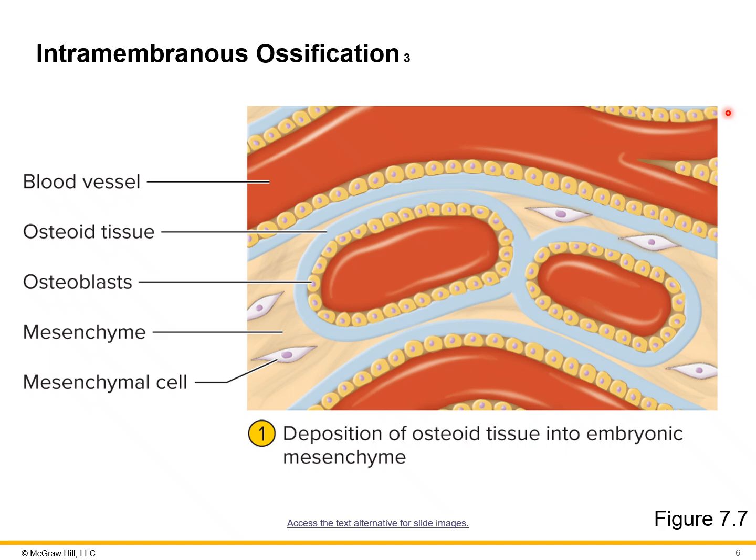And those osteoblasts are the cells that build the bone tissue. They secrete soft collagenous osteoid tissue or pre-bone in the direction away from the blood vessel. Osteoid tissue resembles bone, but it's not yet calcified.